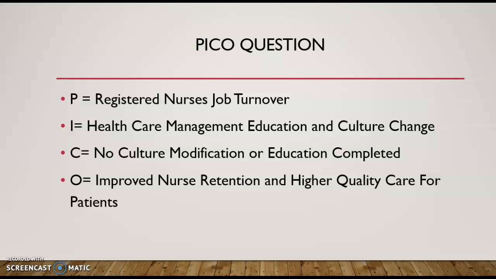The comparison would be no culture modification or education completed. What will indeed happen if the nursing turnover phenomenon is not able to be reduced? And the outcome of being successful will improve nurse retention and improve higher quality of care for our patients.